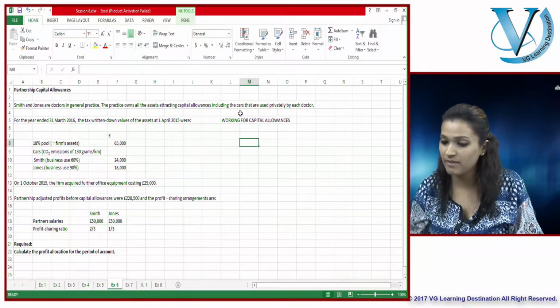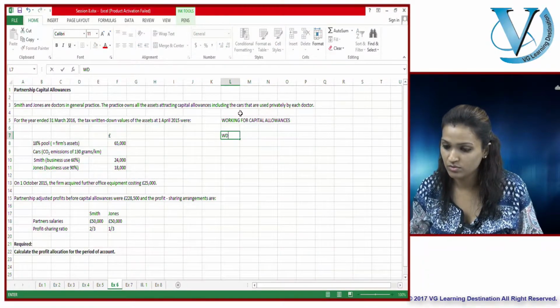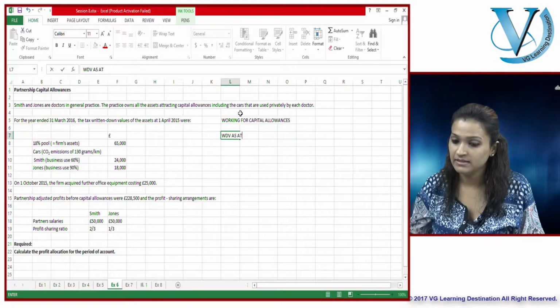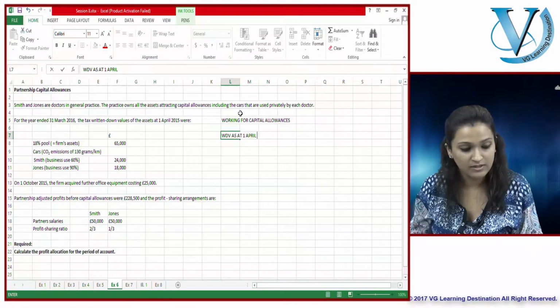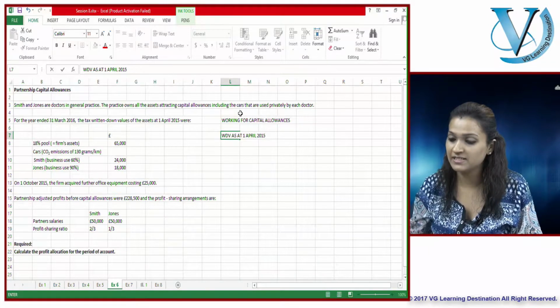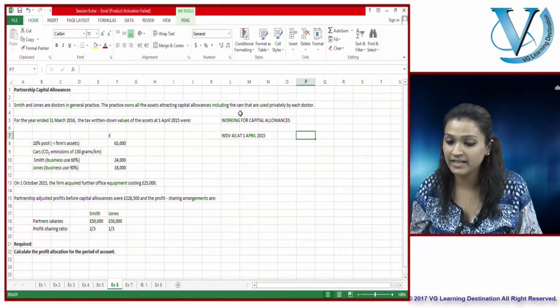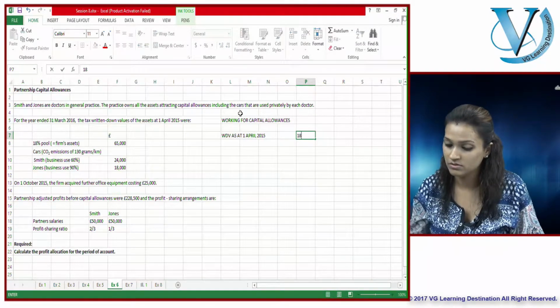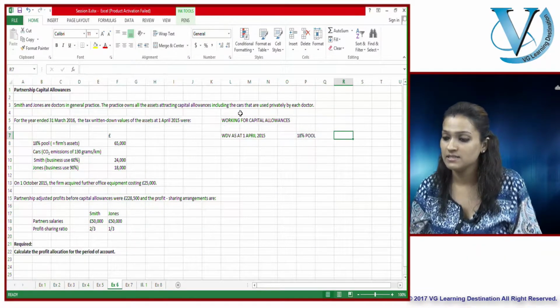How do I do these workings? I start with my written down value as at the 1st of April 2015, which is given to me. What all do I have? I have an 18% pool. I also have two cars.